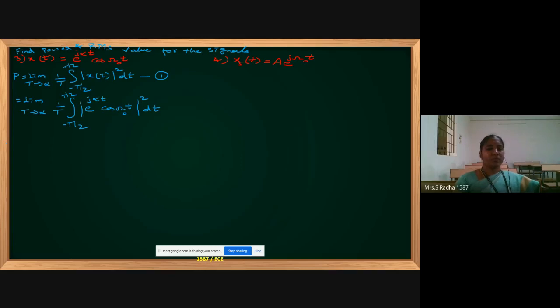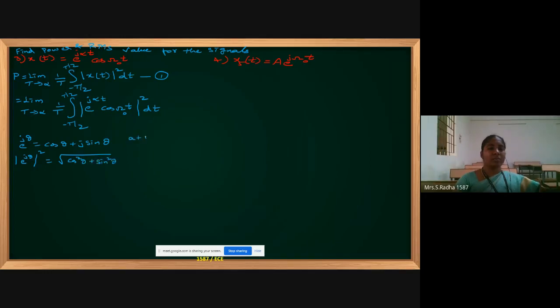If you have e power j theta, it can be written as cos theta plus j sin theta. When you take the modulus and square, what will happen? Modulus of e power j theta and square of that. The modulus is nothing but the square root of cos square theta plus sin square theta.